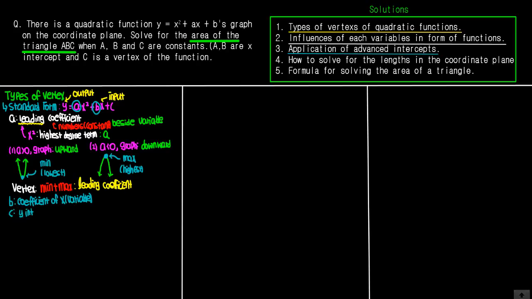There are two types of intercepts. The first type of intercept is the x-intercept. If you think about what an intercept means, it is a point that lies on some specific axis, and it can be either the x-axis or the y-axis.